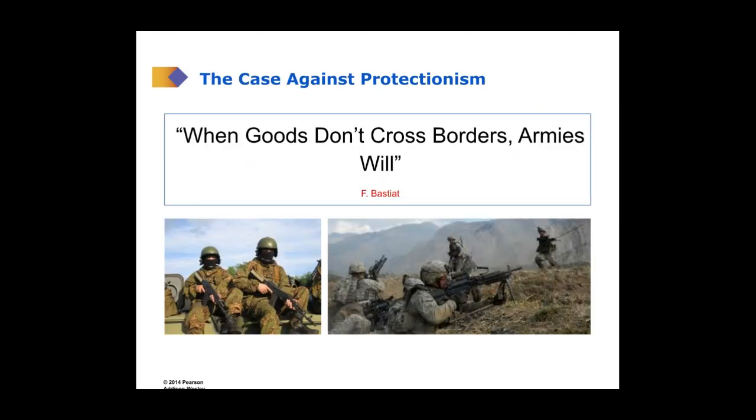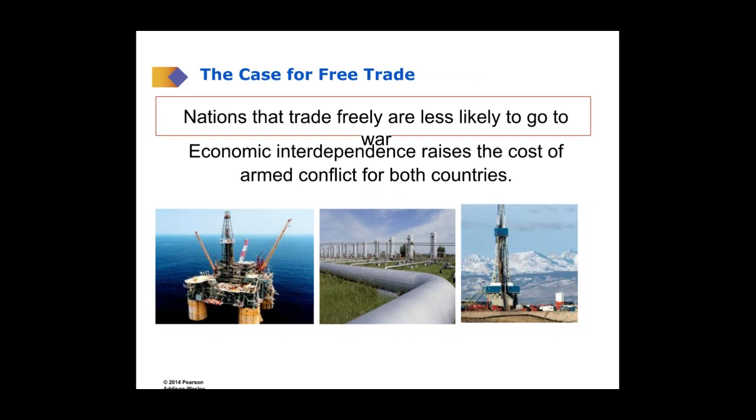Now, here's a case against protectionism. Bastiat said, and if you look historically, I think there's a lot of truth to this, that when goods don't cross borders, armies will. We know that nations that trade freely with each other are much less likely to go to war, because free trade creates a mutual interest.